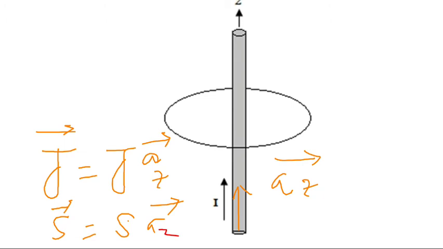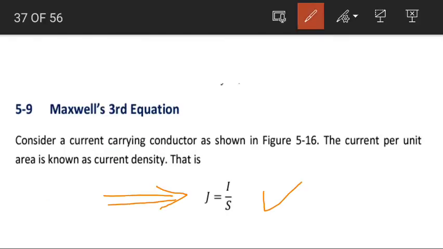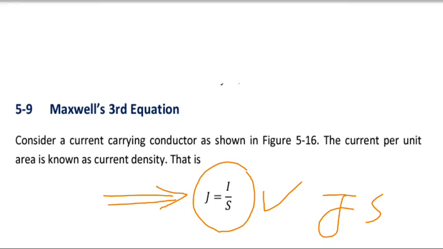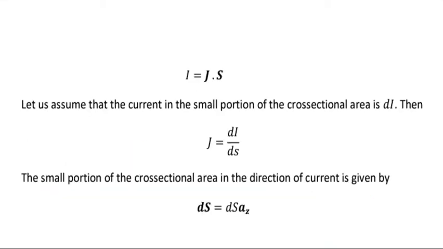So if we look at this particular equation, we can find out the current from it, and the current will be equal to Js. So you can find out the current in the conductor in terms of the current density and the cross-sectional area of the conductor.